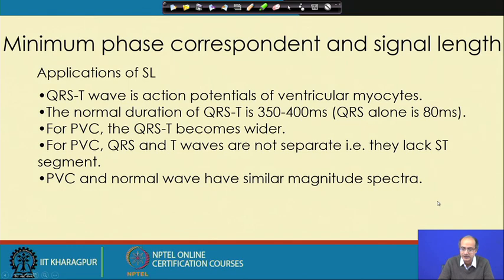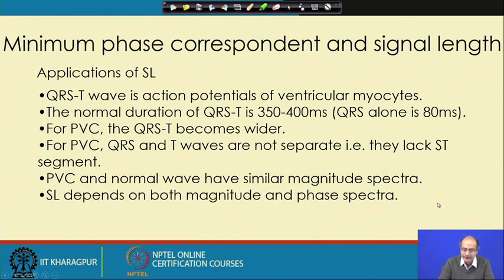All these things can be captured in that, though there is not much change in the spectrum of the PVC signal compared to the normal spectrum. But signal length is able to capture that, because it depends not only on the magnitude of the spectra, but also on the phase of the spectra.